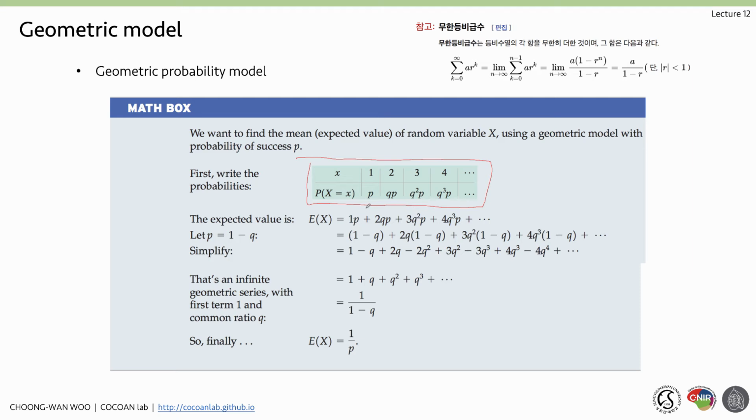And actually we can replace the P with 1 minus Q, and then it becomes 1 minus Q plus 2Q minus 2Q squared plus 3Q squared, and so on. And because terms cancel out, it becomes 1 plus Q plus Q squared plus Q to the 3, and so on. And as we learned in high school about 무한 등비급수, the infinite geometric series, we know that that's 1 divided by 1 minus Q. So finally, it becomes 1 over P.